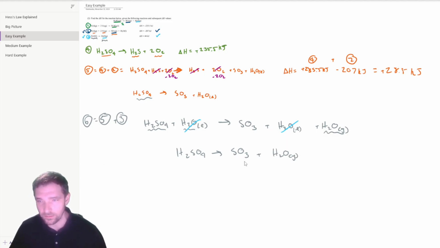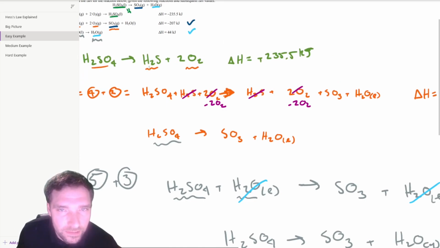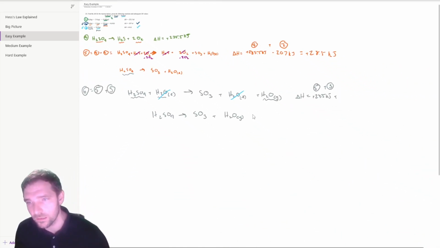So that does work out nicely, but then we need to take note of our change in H for line 6. That was just a combination of line 5 and line 3. So we have the positive 28.5 kilojoules from line 5, and we had line 3, which was a positive, looks like 44 kilojoules.